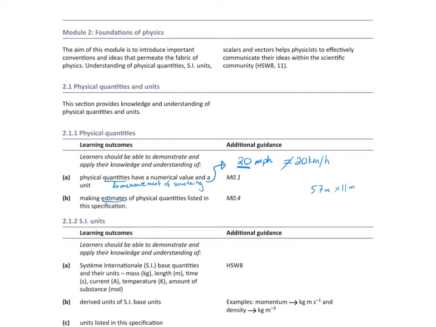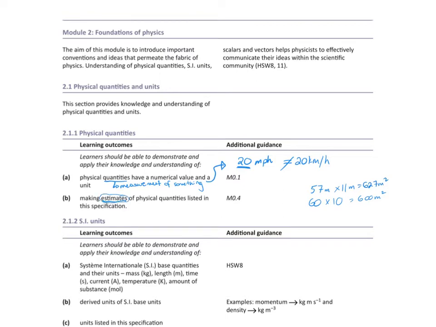Now, sometimes when they ask you to make an estimate, you can round your answers to one significant figure, which will leave you with 60 times 10. And then you will end up with 600 meters squared. Now, if you do the calculation with a calculator, the answer comes up to 627 meters squared.